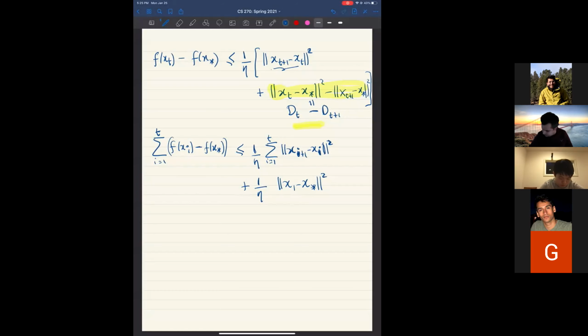The telescope is of the form d1 minus d2 plus d2 minus d3. Add those up and you get d1 minus d3. Right, you get dt minus dt plus 1. If you add them up, I'll get d1 minus dt plus 1. Yeah, that's right.